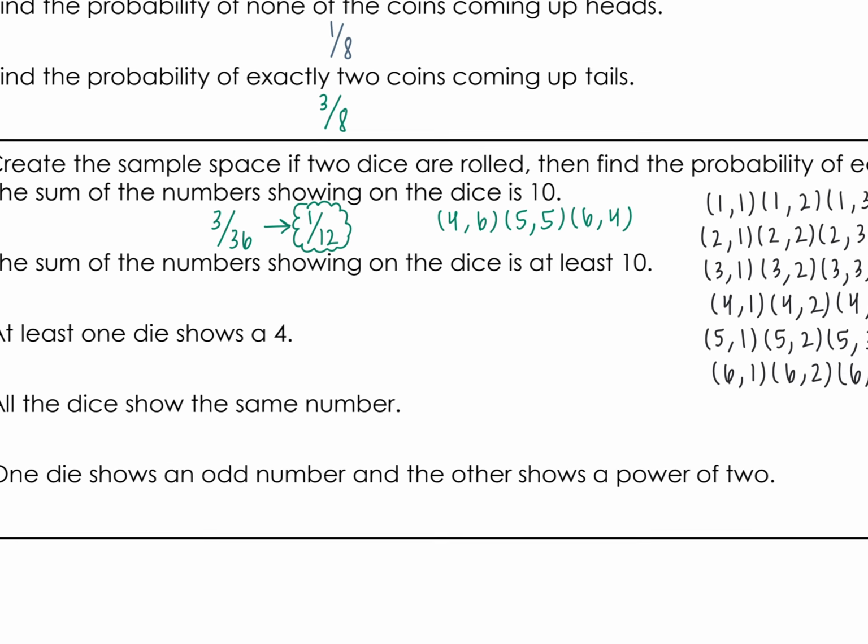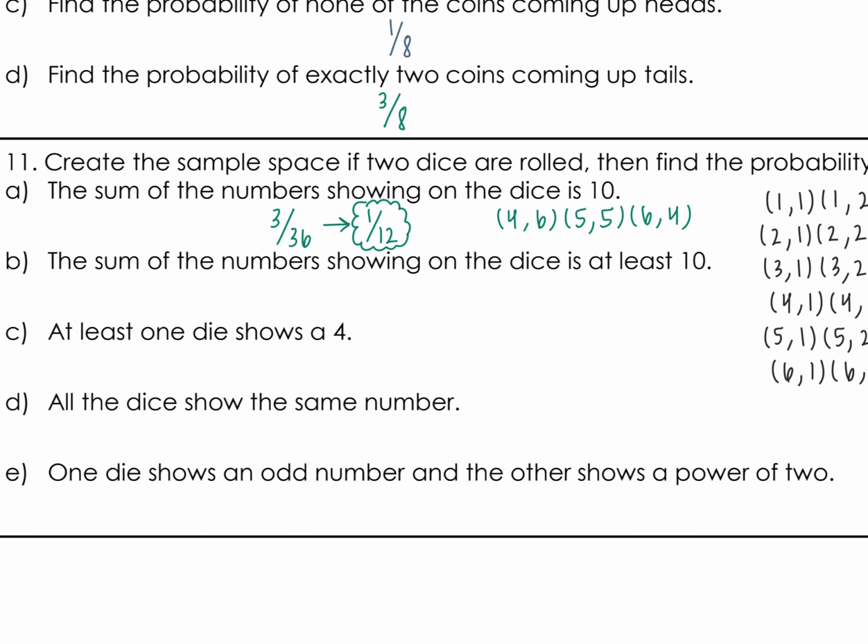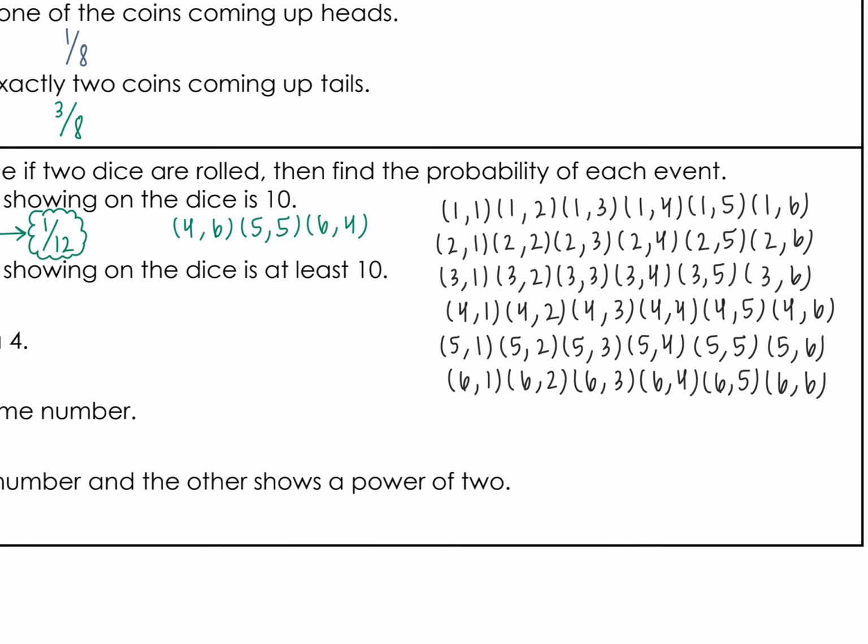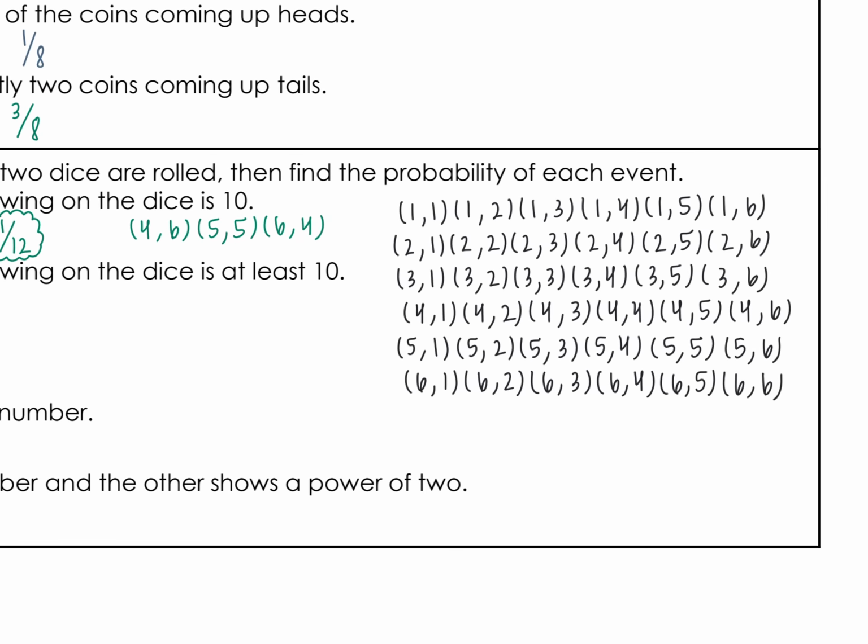All right, now we've got part B. The sum of the numbers showing on the dice is at the least 10, so they can add up to 10 or be more. So we already know that we can start with that 4, 6. We can start off with my 5, 5. But we could also include that 5, then getting a 6.